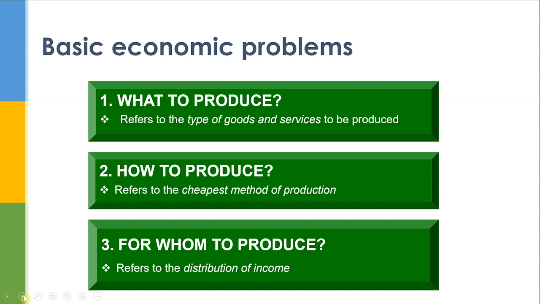And then how to produce. Okay, perhaps it's referring to the cheapest method of production, whether mungkin you nak pakai 100% human power, or maybe you opt for automation macam tu. Okay, maybe kalau human power perhaps much cheaper than most of Malaysian construction company.